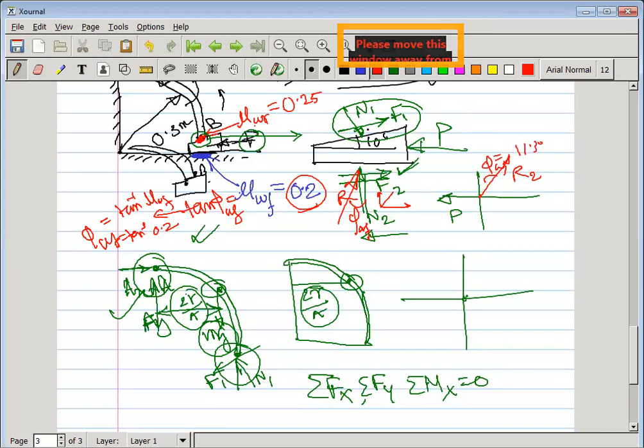Another thing is that N is in this direction and F is in this direction. So this is your F, this is your N, and this is your resultant R1. How much is this?